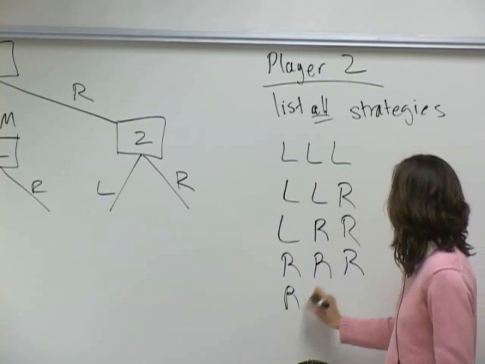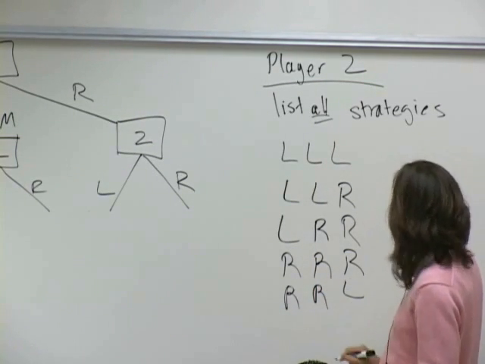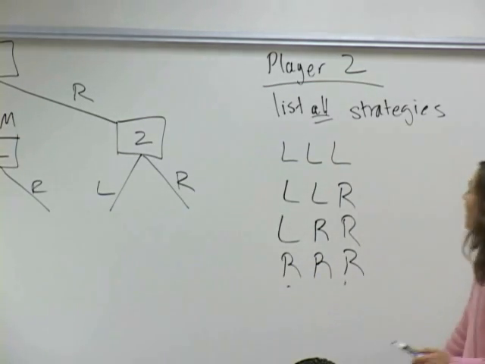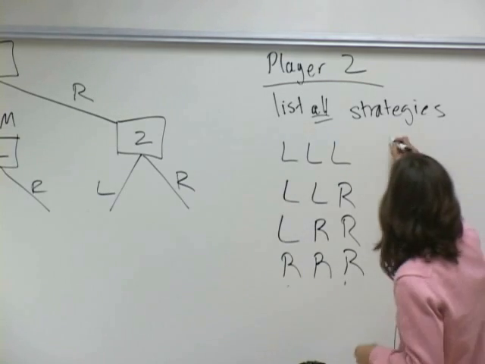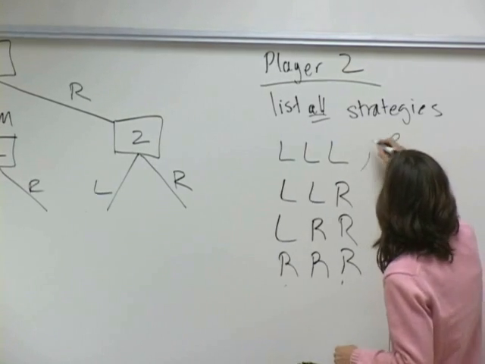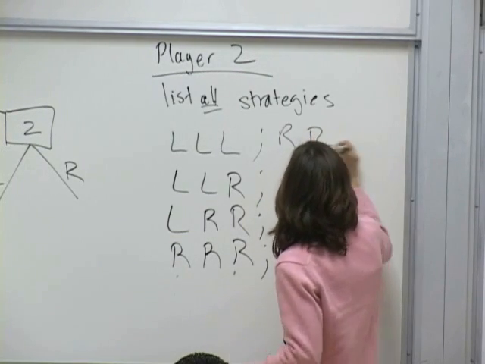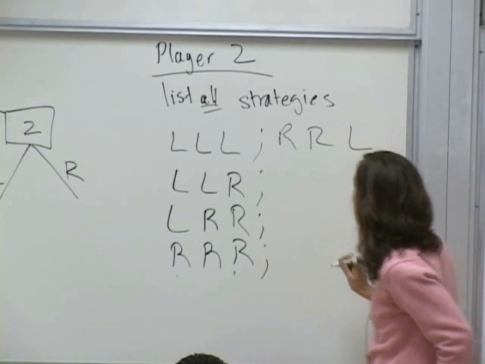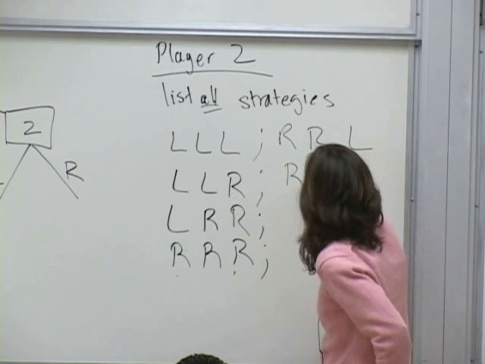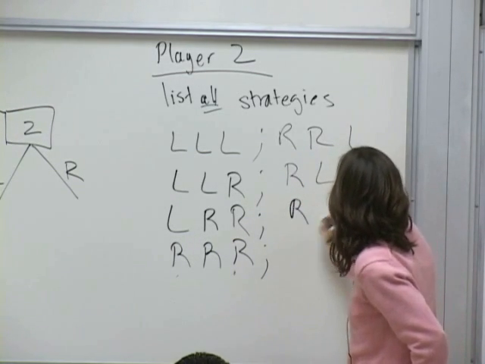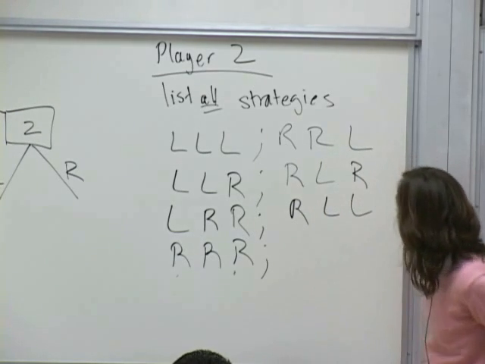Another one, right, right, left. Actually, let me start a new column here just to keep it. I know I'm going to have 8, so I'm halfway there. Let's put right, right, left up here, but let's put semicolons in between so that we keep them separate. Right, right, left. Okay. Right, left, right. Right, left, left.